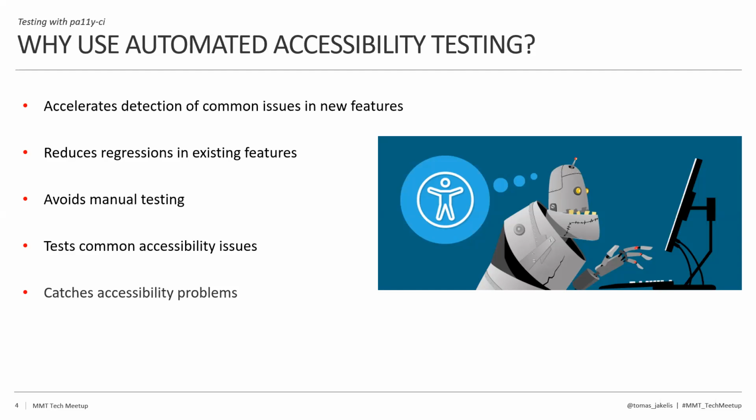Then it also tests common accessibility issues, so it kind of falls back into the first point where I have already mentioned that. So it catches accessibility problems earlier on in our process.